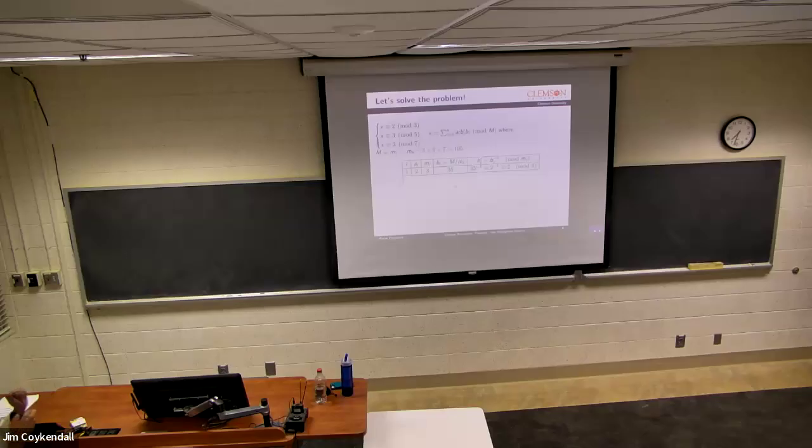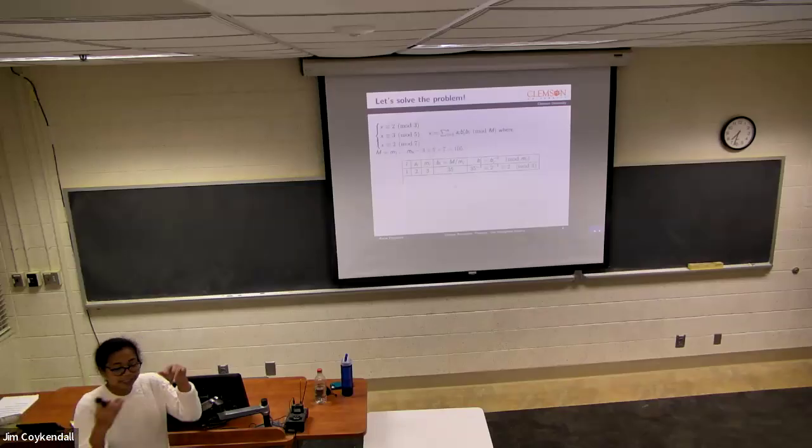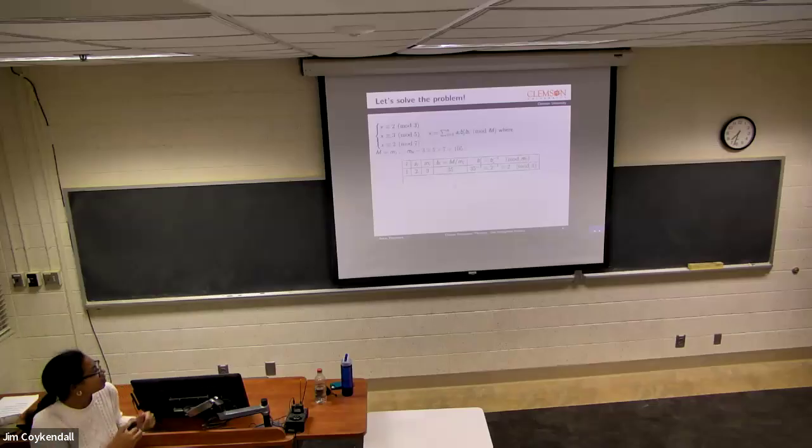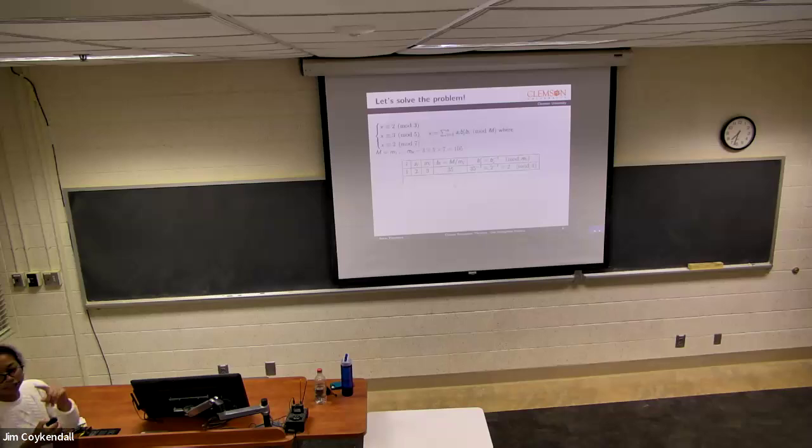To solve that problem, as I said before, instead of writing those paragraphs and letters, we can now write it nicely. So here I can solve the problem in just one slide.